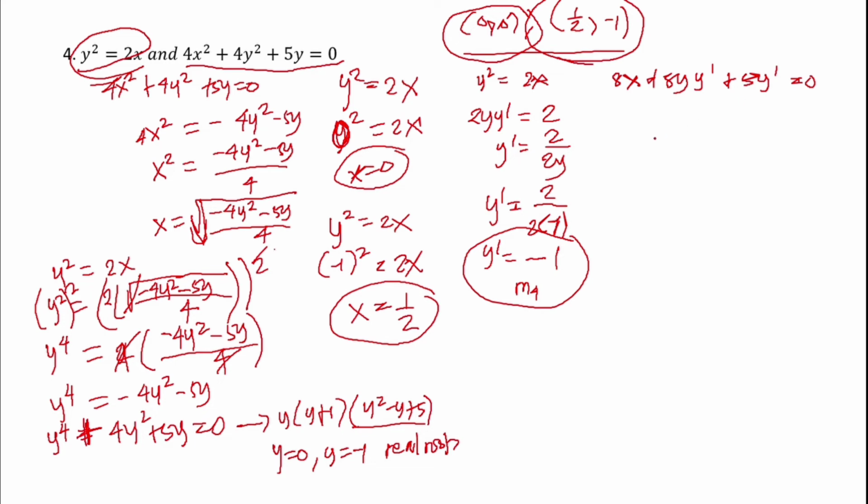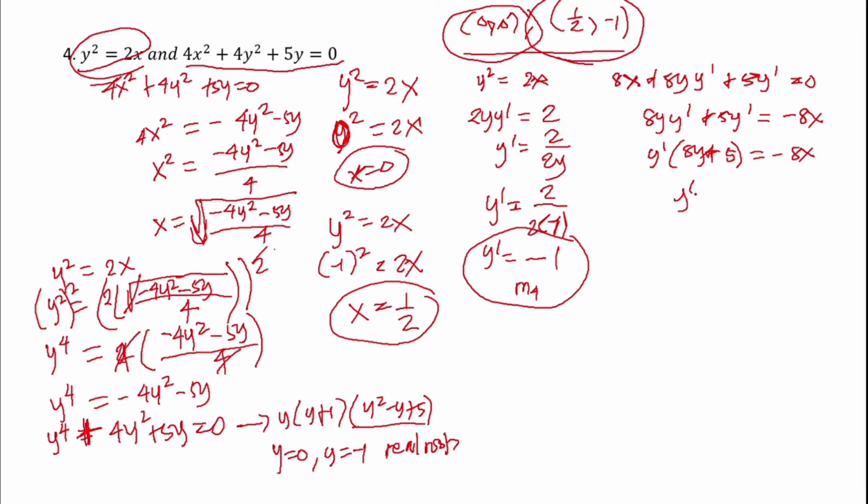So in order for us to get y prime, 8y, y prime plus 5y prime is equal to negative 8x. So y prime factor, 8y plus 5 is equal to negative 8x.